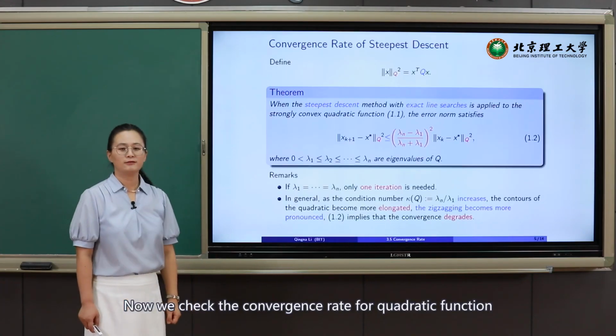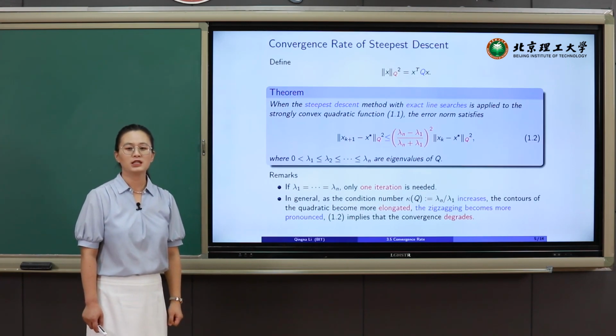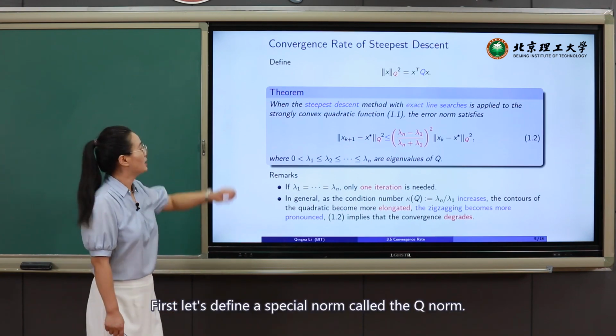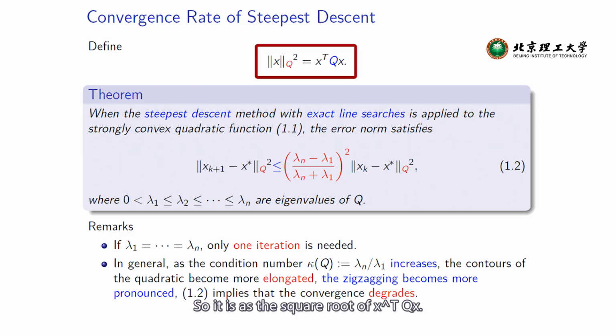Now, we check the convergence rate for quadratic function in the following way. First, let's define a special norm called the Q norm. We define the Q norm of a vector x as the square root of x transpose Qx.